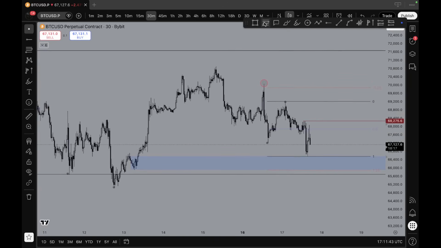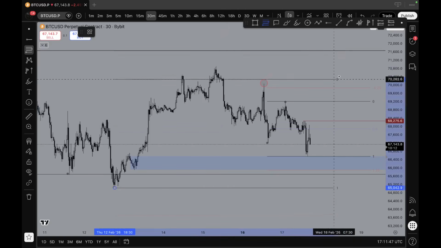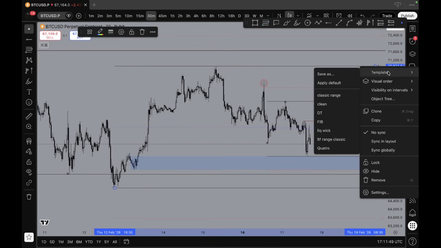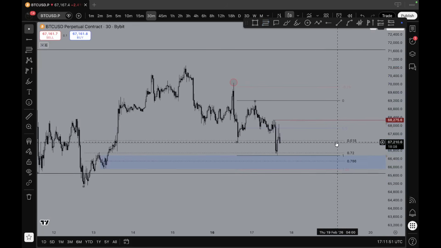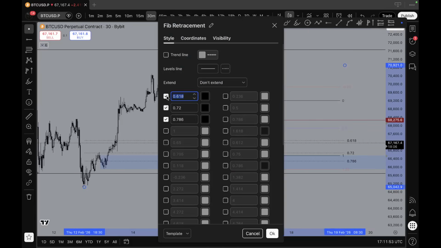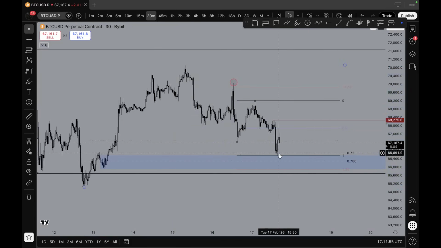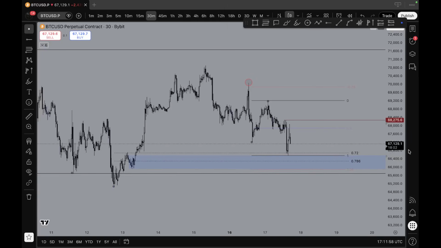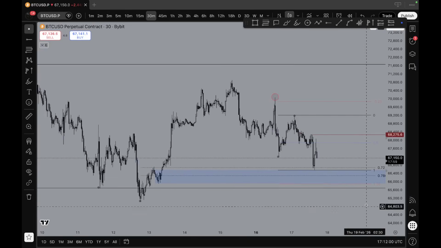And now this is getting very interesting, because if we also look at the low, from this low to that high and at the fib levels, then price is currently, it tapped already in the 0.72 level, which is a pretty good retracement level. And then we have the 0.786 a little lower.